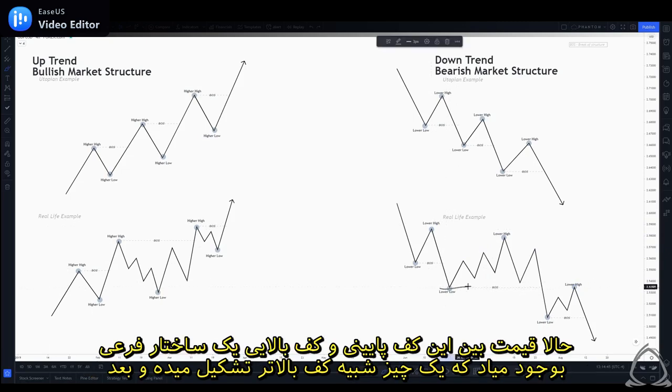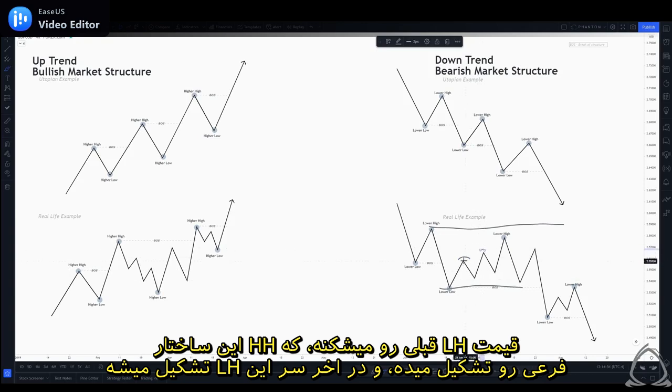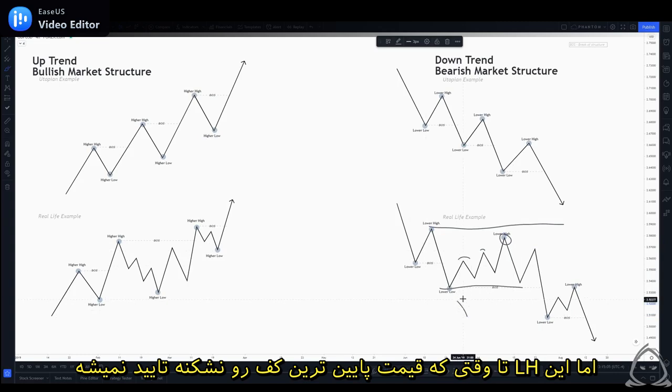What we can see in between this lower low and this lower high is a bit of substructure, where we are creating what looks to be a lower high, but then we end up breaking the previous lower high, creating a higher high of this substructure, until we finally create this lower high. But this lower high is not yet confirmed until this lowest low is broken.